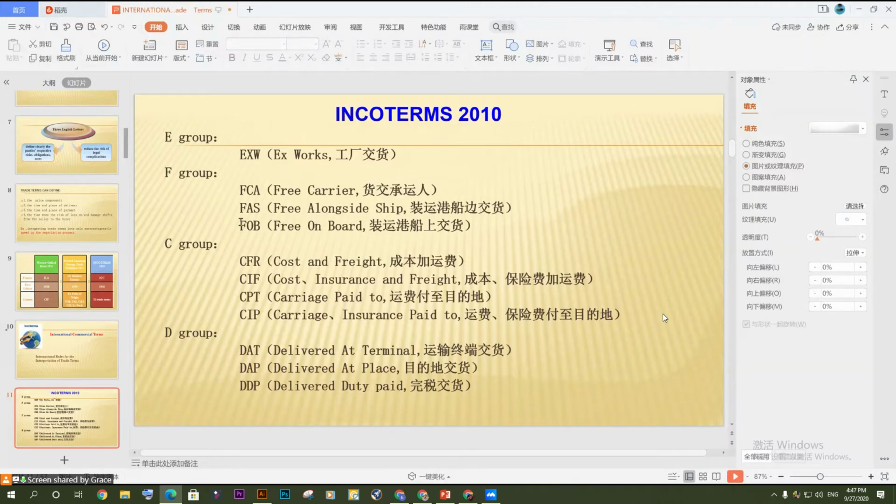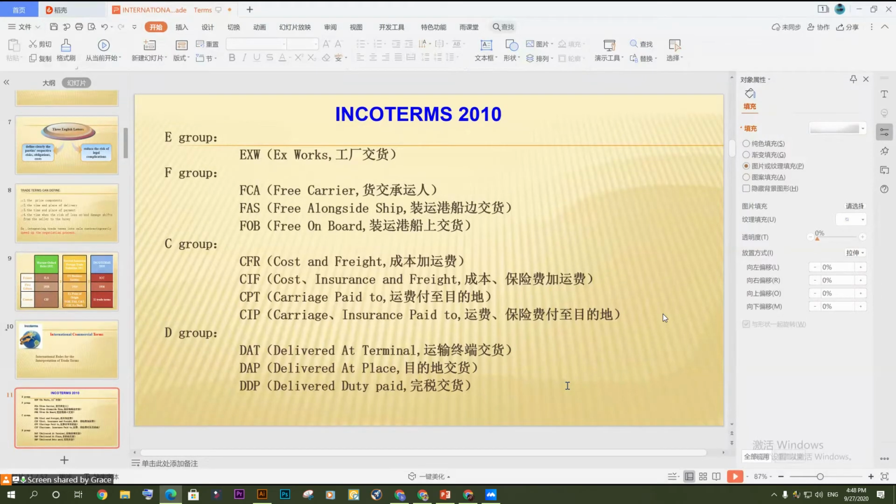But these are only 2 of them, and we have others, just like FCA, FAS, CFR, CPT, and DAT, DAP, DDP. Maybe you can learn something about the trade terms. Different trade terms mean different risks, obligations, and costs for the sellers and buyers.